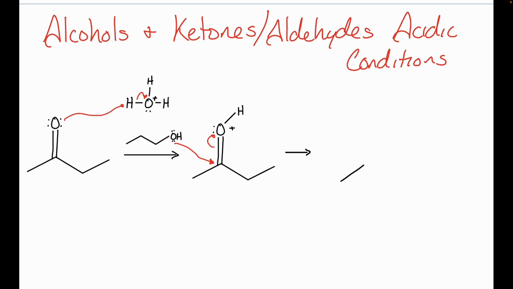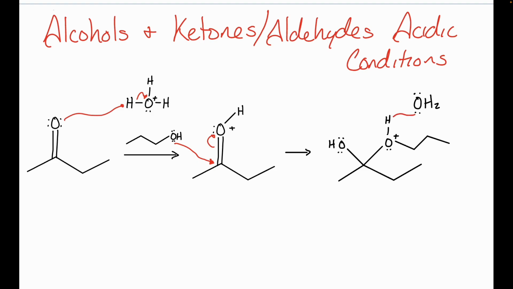Okay, at this point we're not quite done because we used that neutral nucleophile, so we're going to have to go through one more deprotonation step. And what do we use as our base, our proton acceptor, under acidic conditions? Just water, yep. We can't use that strong base, hydroxide.